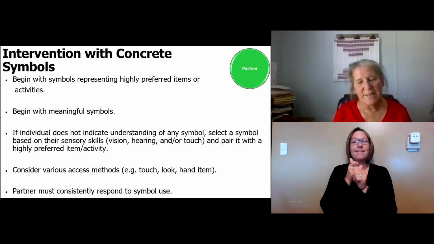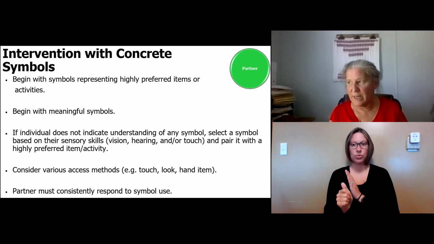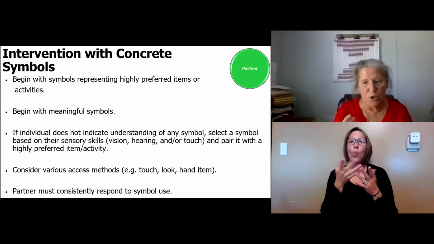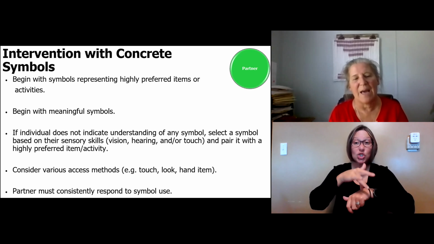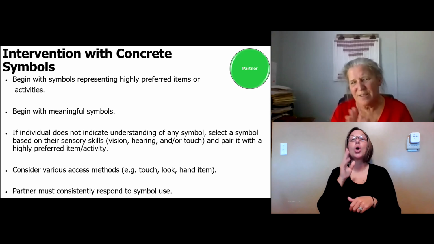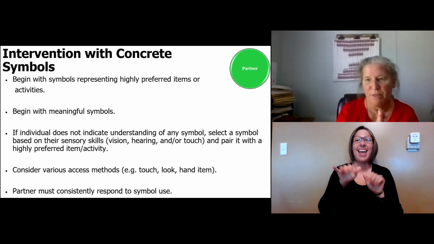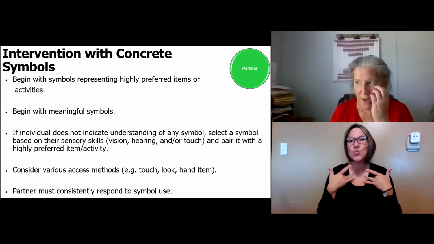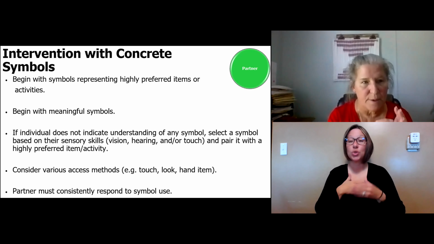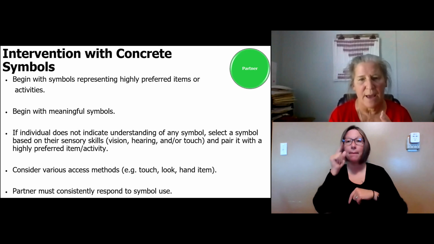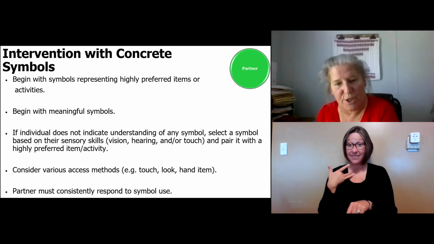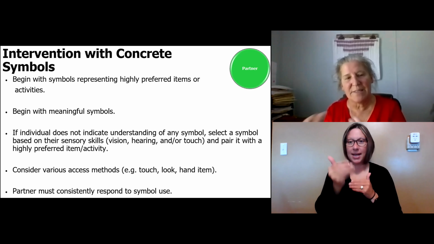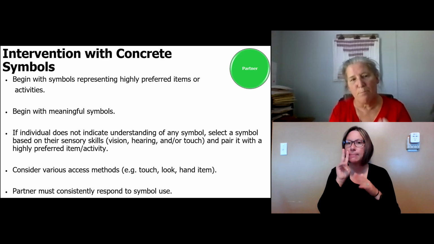So I'm going to base it on what they can hear, see, or touch, and I'm going to pair it with that highly preferred activity. So see, I'm teaching them this means this. I'm not going to dwell on this symbol the whole time, but I'm definitely going to let them know when you feel this, this is when we're going to do it. So it's almost that anticipation.